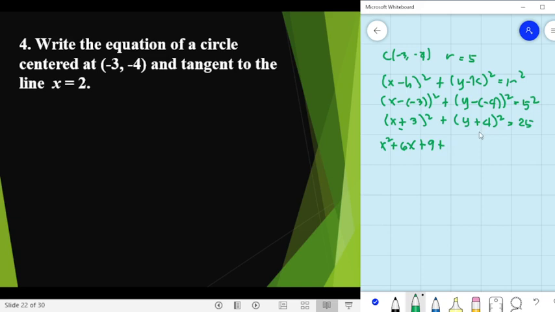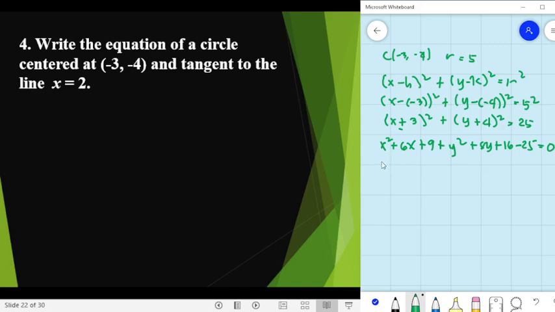Plus, simplifying this one using the special product formula, we have y squared plus 4 times y is 4y, times 2 is 8y, plus the square of 4 is 16. Then, making the right side of the equation 0, we add -25 to both sides. That's why we have 16 minus 25 is equal to 0.